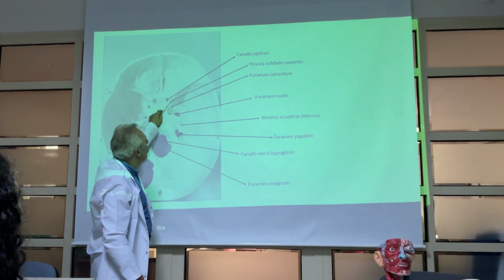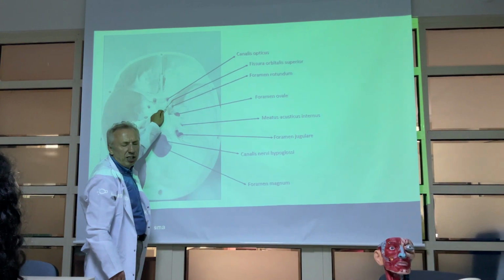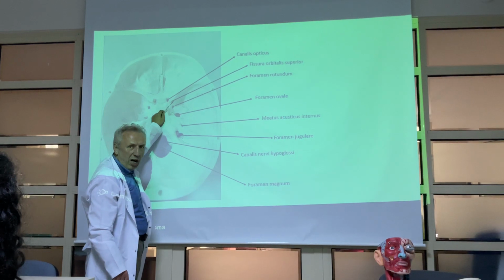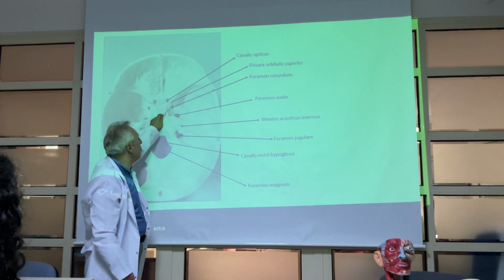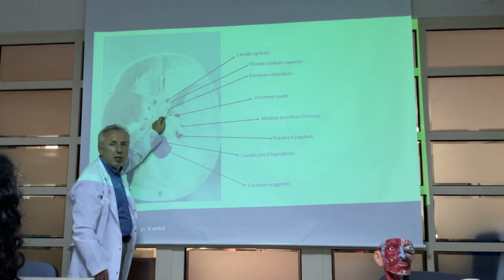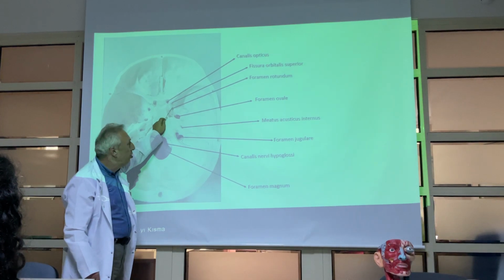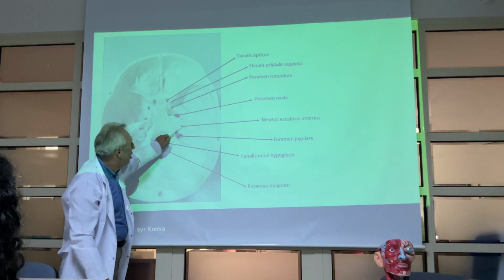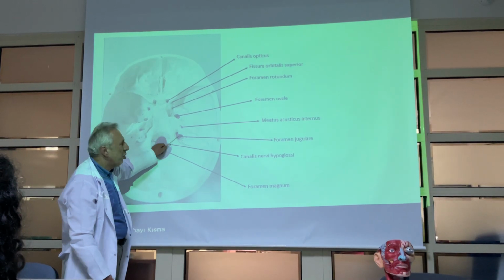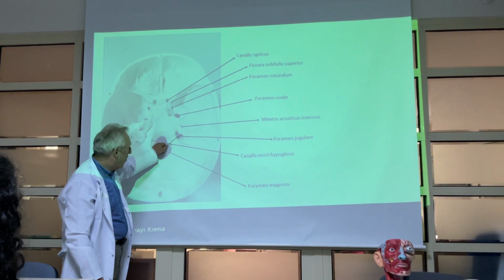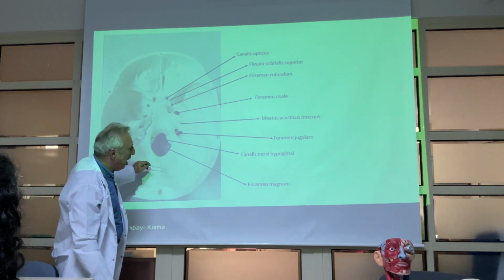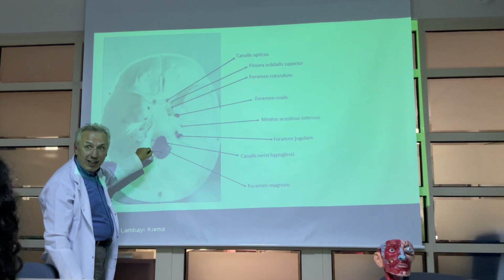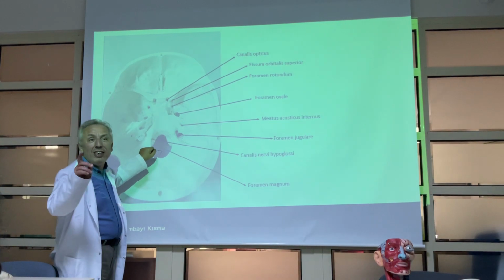Which nerves go through here? They leave the cranial cavity: 3 and 4, 5-1, and 6. Good, very good. Foramen rotundum: 5-2. 5-3, mandibular, through here. 7, 8 through here. 9, 10, 11 through here. And foramen magnum. Actually, 11 as well.